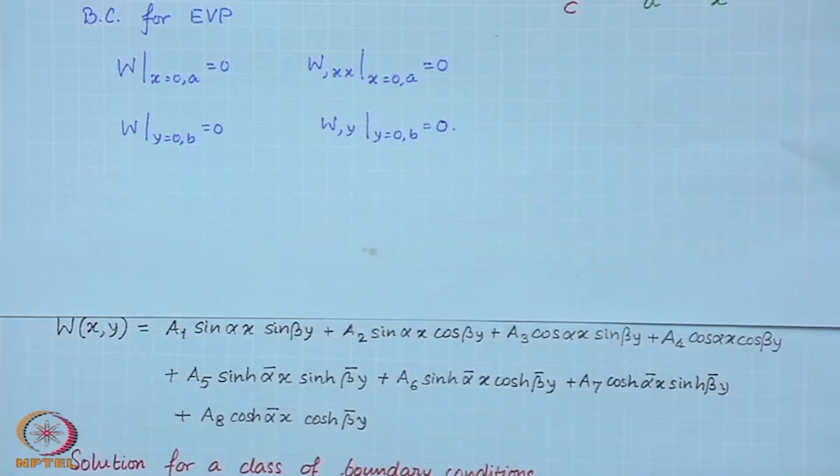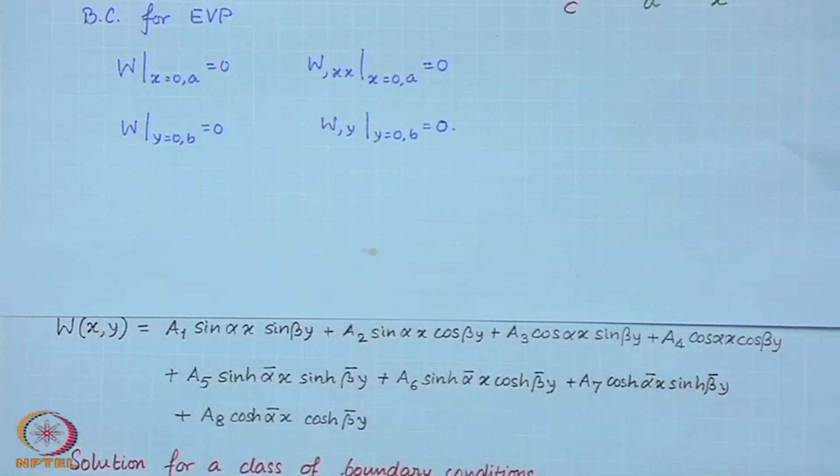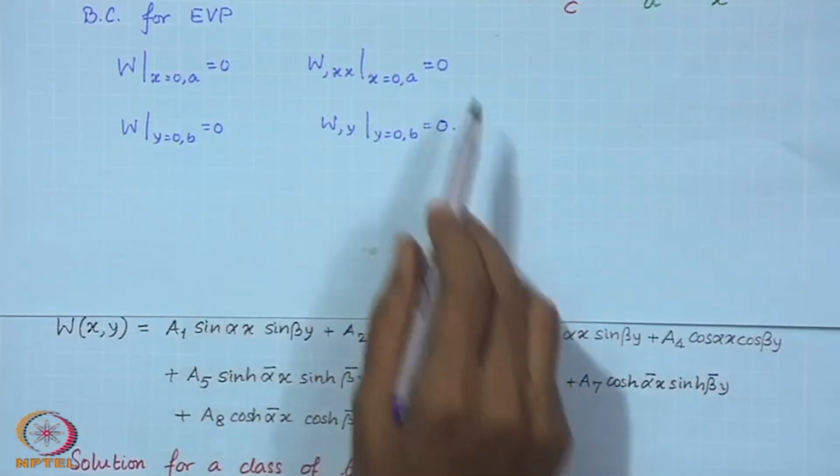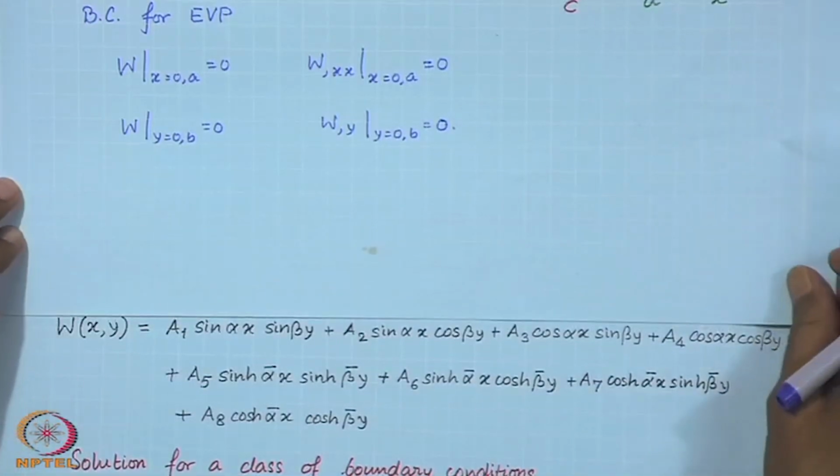If you now use these boundary conditions for this solution, then you will find that this solution cannot satisfy this set of boundary conditions. That can be checked.